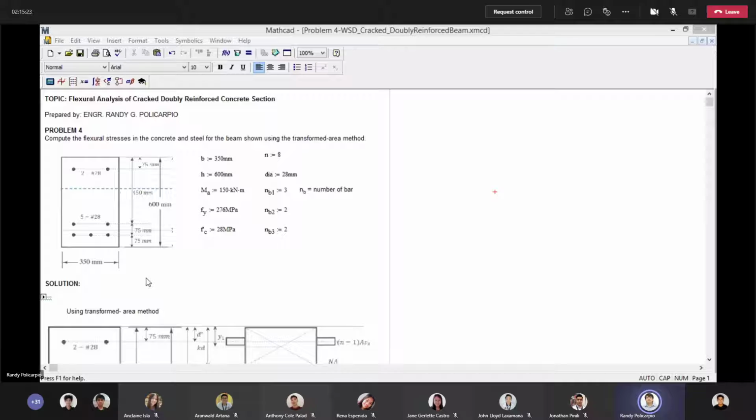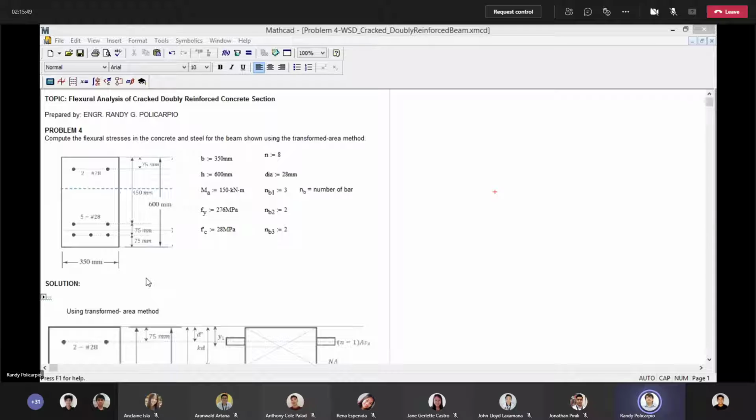Kaya obligado kayong pag-aralan nito, no? So you are required to study this, no? Actually yung pagkuha ng centroid at pagkuha ng moment of inertia, dapat yan matagal nyo nang napag-aralan yan, no? Dapat yan tinuro na yan sa statics, no? Dahil pagdating mo ng mechanics of deformable bodies, ginagamit mo rin uli, no? Di ba? I think na-experience nyo yan, no?